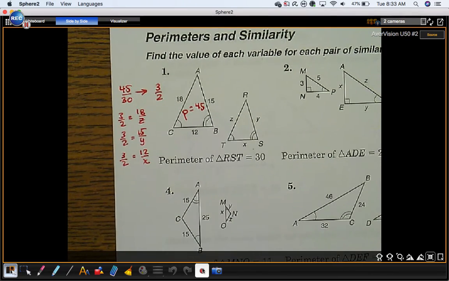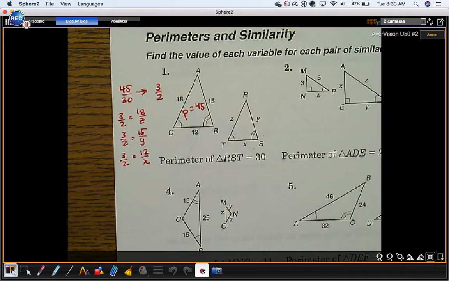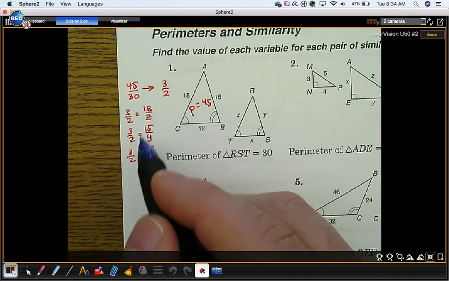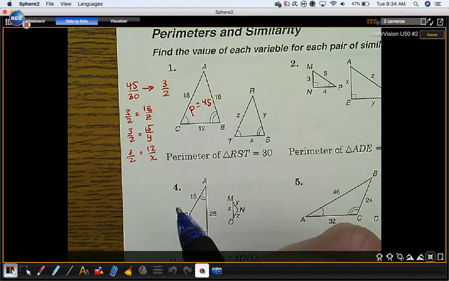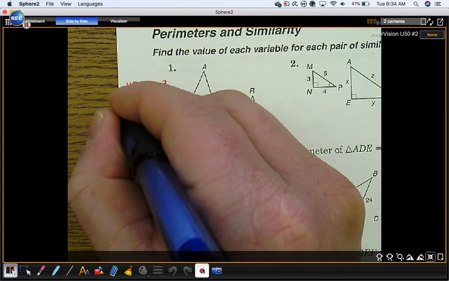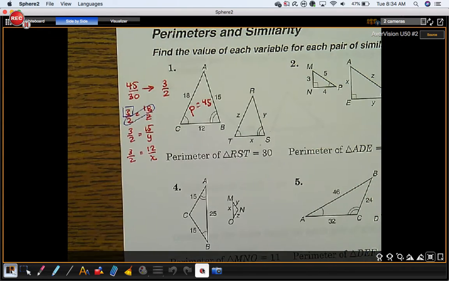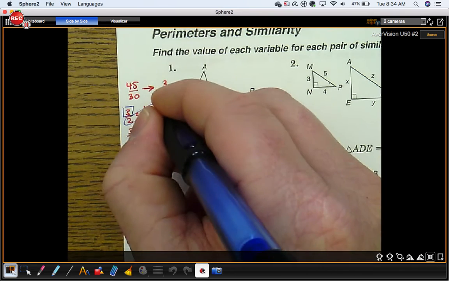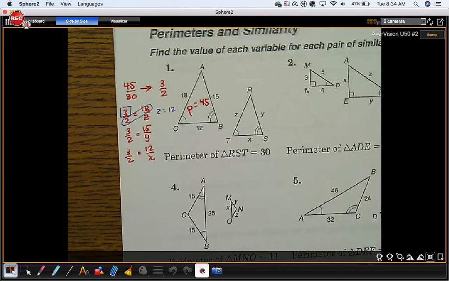Now, we've gone over cross-multiplying tons and tons of times. You should know what you're doing with it at this point. So if you have three proportions, you should know how to get this variable by itself. We're going to take 2 times 18, divide by 3. That gives you 12.